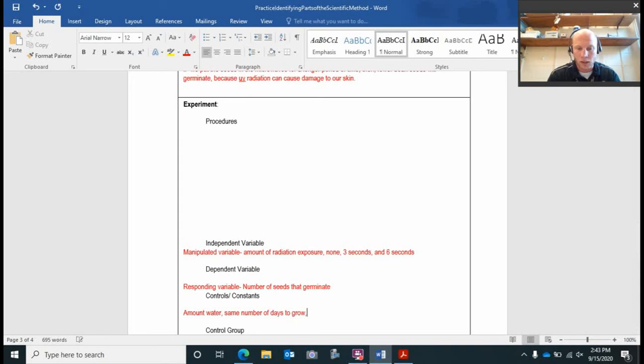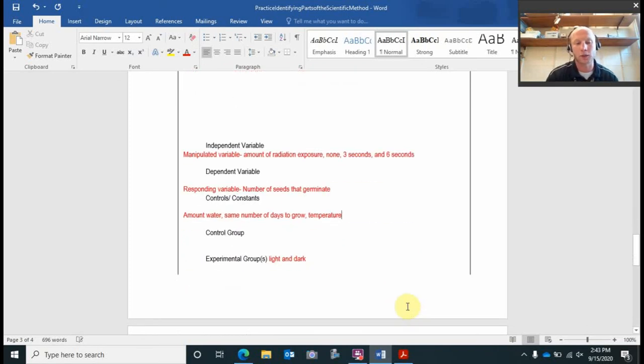Same amount of water. What else? Probably the same microwave would be a good idea. Both times the microwave was placed on high. Let's see, the temperature was the same. All right, and I think that's it. They're all soaked in the same distilled water for an hour.